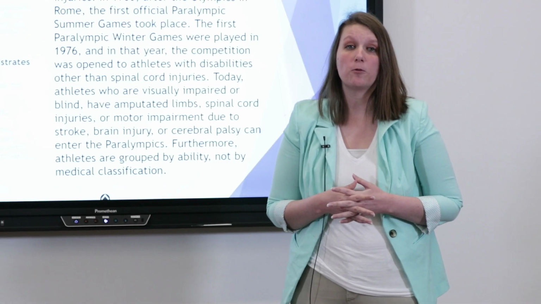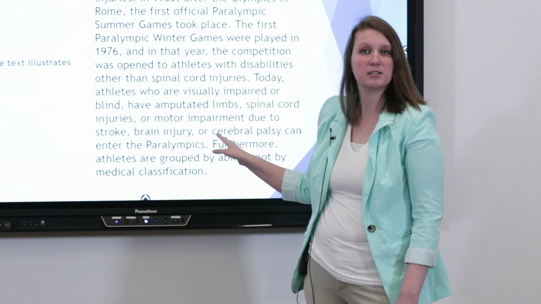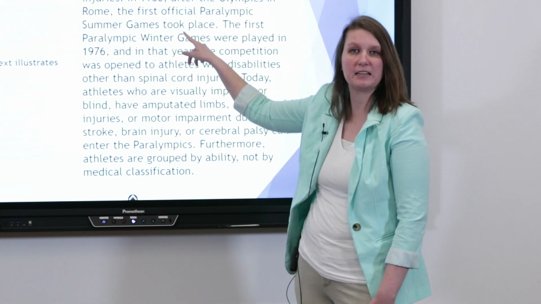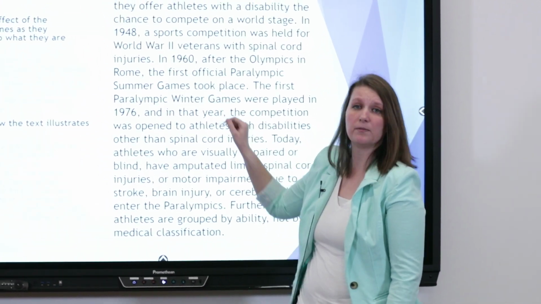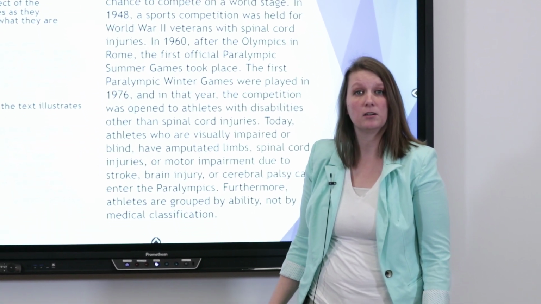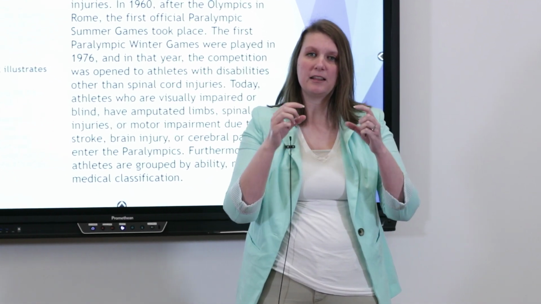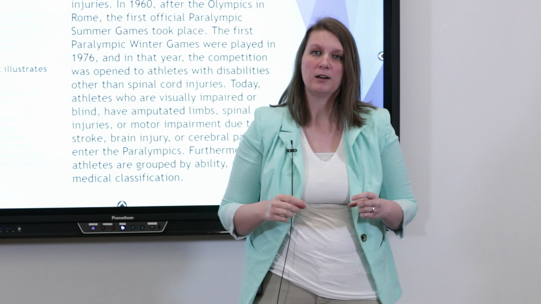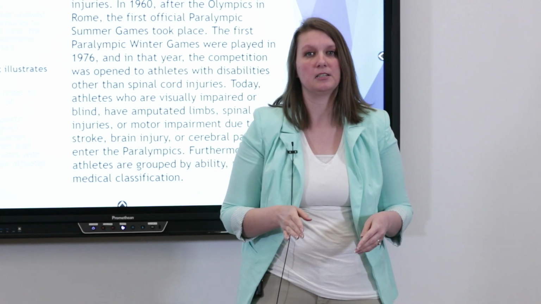What we're looking for right here is, okay, is this a cause and effect? Are they using dates in order? If they're using dates in order, that is the sequencing. We already see that they're putting those dates in there, and they're putting everything in order from the start of the Paralympic Games to what it is like today.